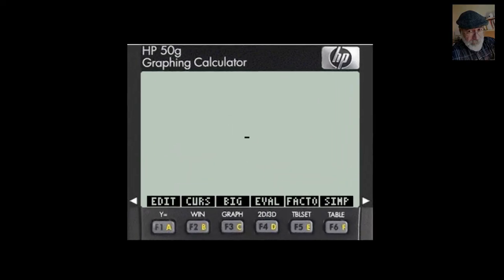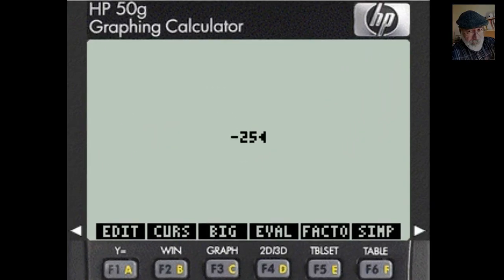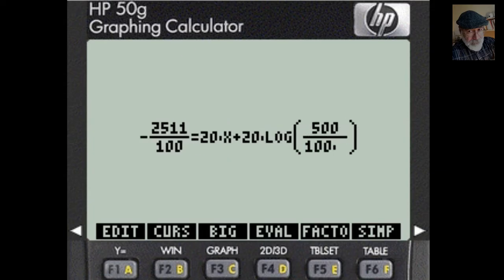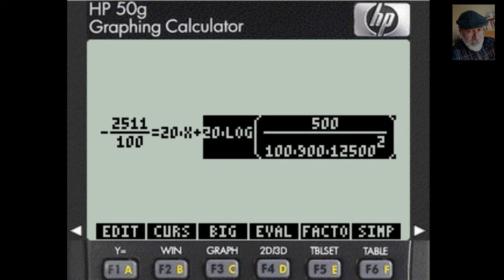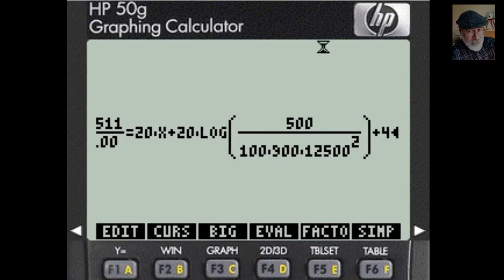All my students have access to the calculator, and all the viewers of this channel have access to the free emulator for PC. We type that equation, write negative 25.11 decibels, but with integers. That is equal to 20 times X. X, remember, is the logarithm of K, the unknown we're trying to find. The rest of the equation is same old, same old.